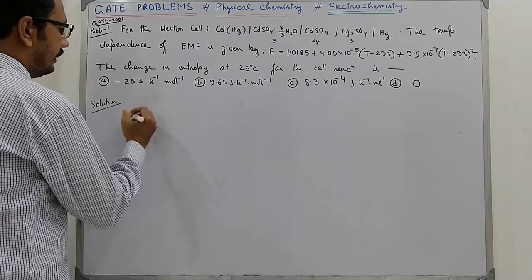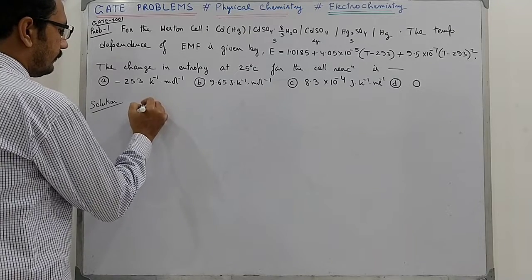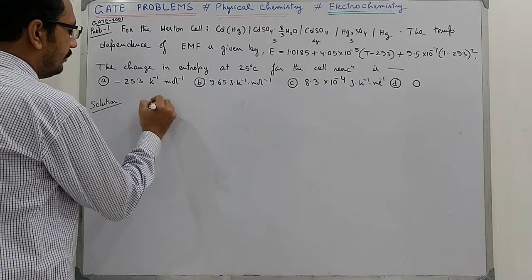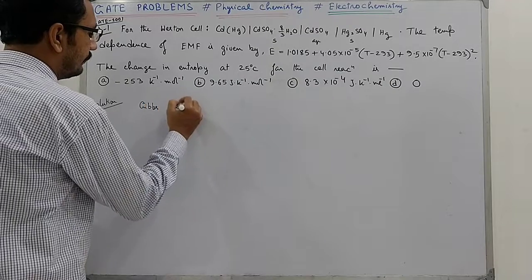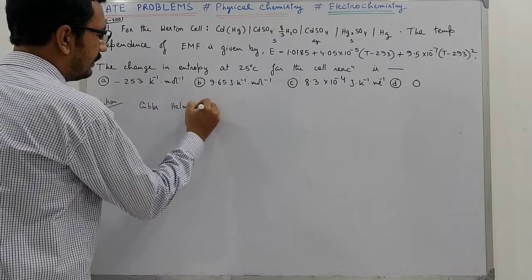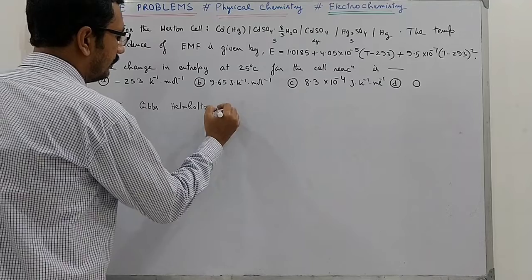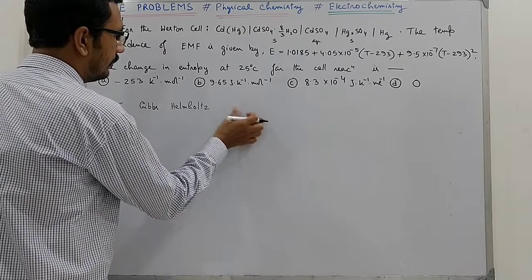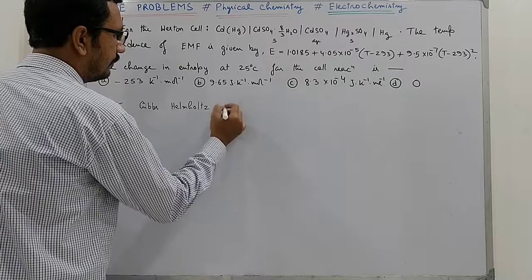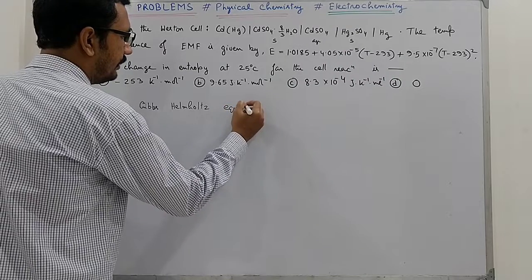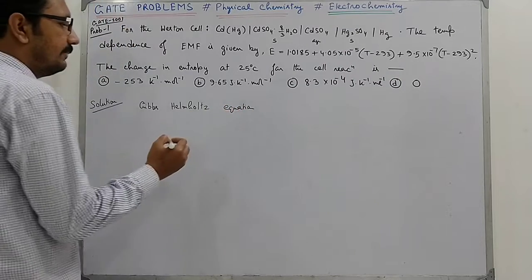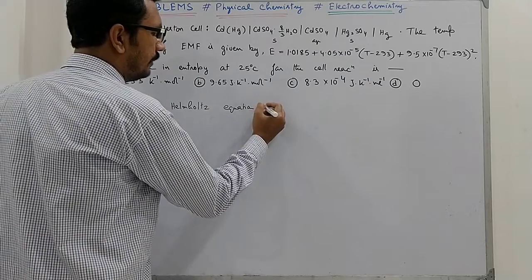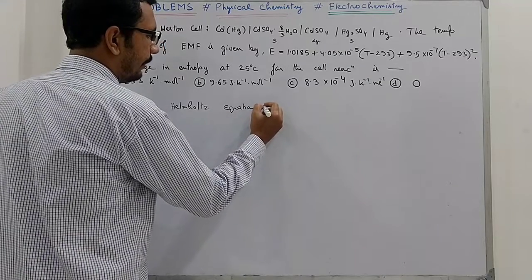Now here I will give you the detailed idea. You need the Gibbs-Helmholtz equation. I have not started the classes on thermodynamics yet. When I start it, I will show you what this Gibbs-Helmholtz equation is and how it comes.